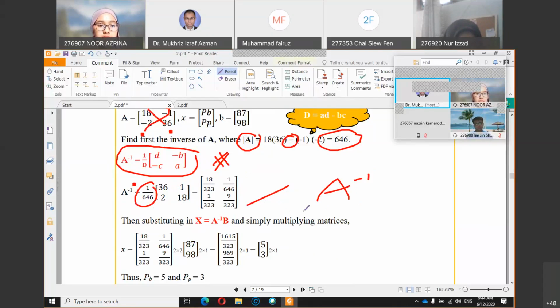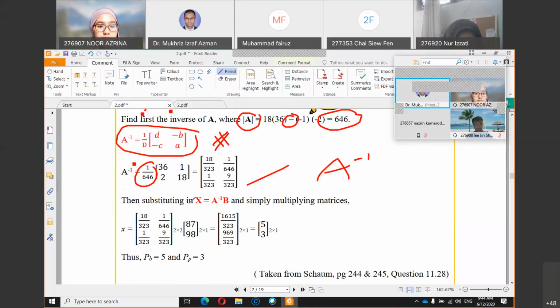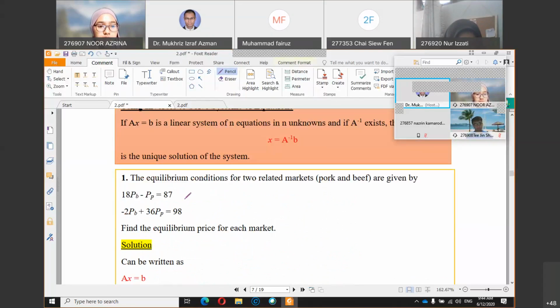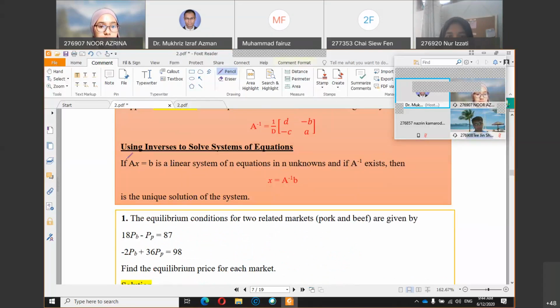And then to solve for X, which we mentioned just now, when you bring A to the right, you put it as A inverse B. So basically in mathematics, if you bring this value to the right, it becomes B over A, correct?